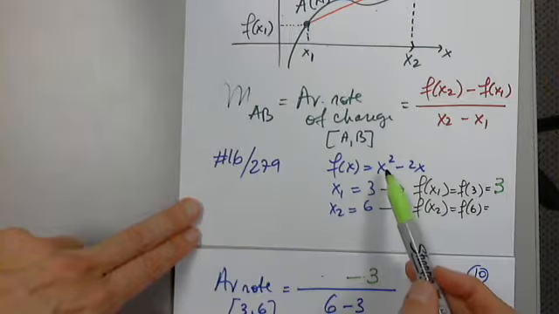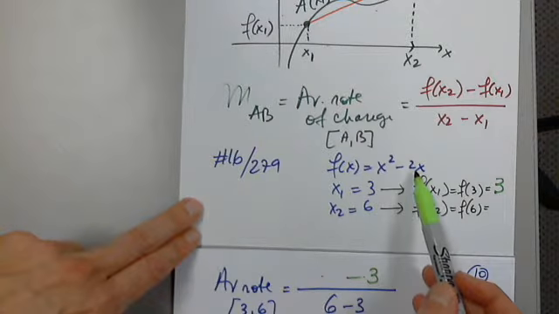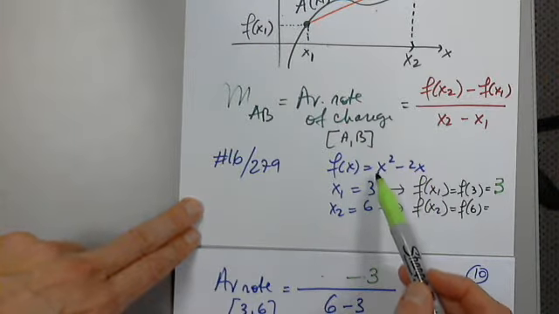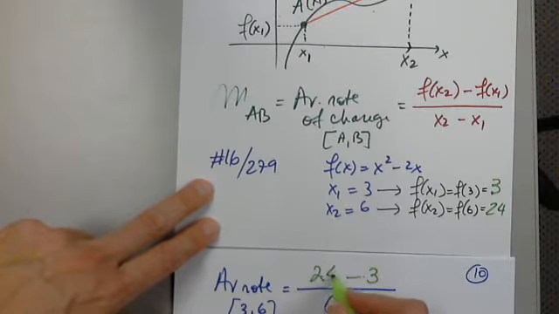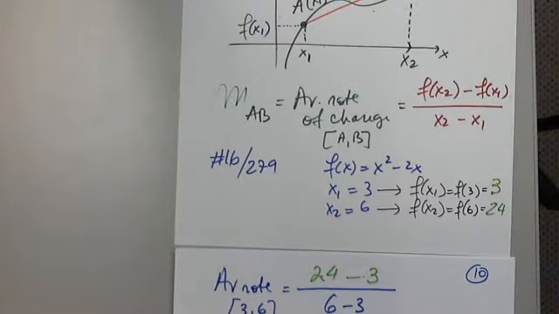Now when I plug in 6, this is 36 and this is 12. 36 minus 12 is 24. The top is 21. The bottom is 3. What is the average rate of change, if it's speed or if it's something else, for this particular function? 7.